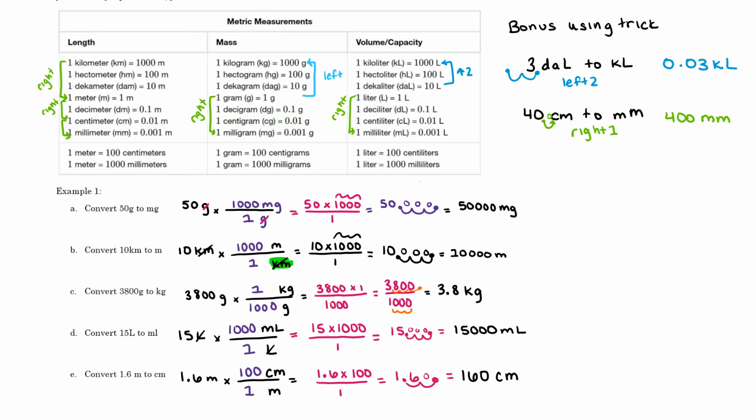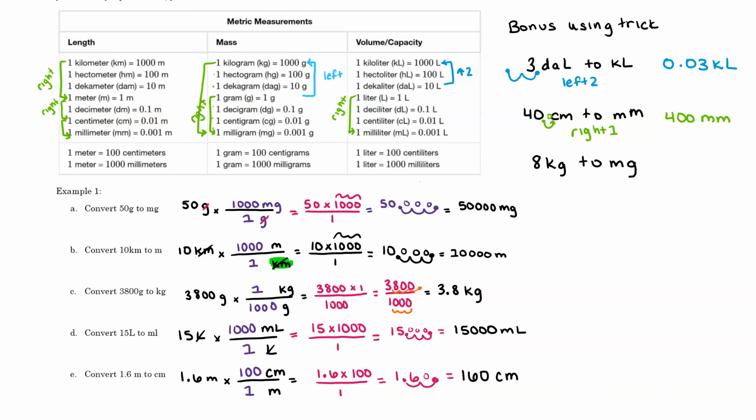Okay, let's try one more. So let's try 8 kilograms to milligrams. So here I'm starting at kilograms and I'm going down, down, down to milligrams. How many down did I go? 1, 2, 3, 4, 5, 6.